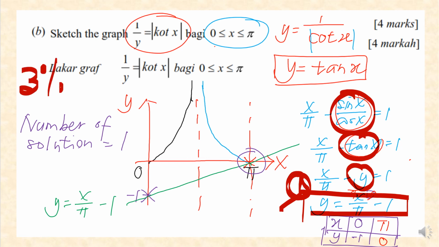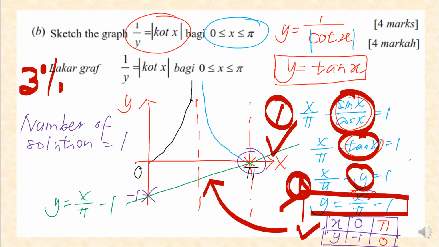This is the first mark. For the second mark, you draw the line correctly, by using the table of values, and you get 1 mark. Then finally, the question says state the number of solutions. Number of solutions equals 1, so you get 3 marks.